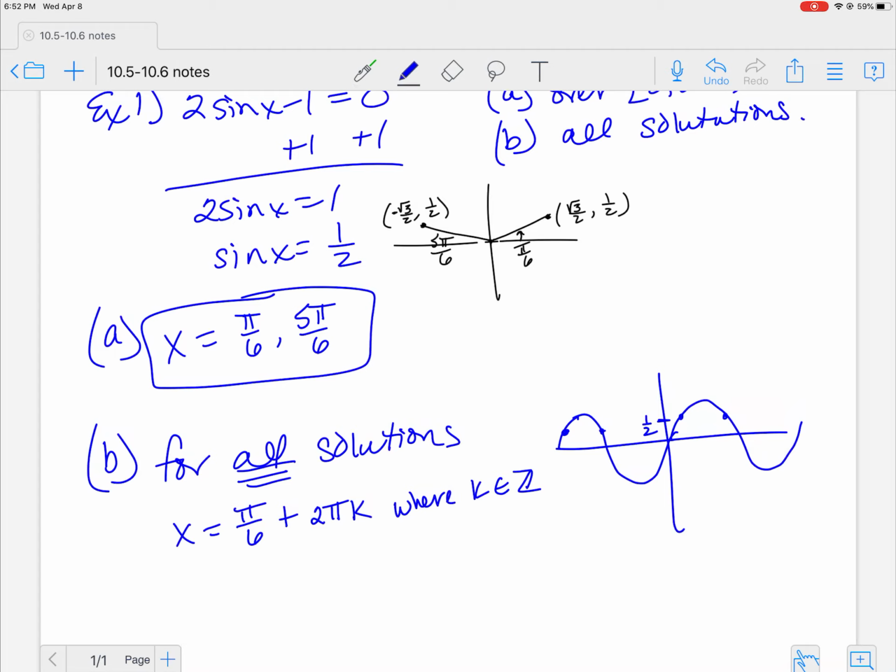I know that that's going to be 2 pi. Every single time I wrap it around my unit circle, I've got another one, and that's what's going to hit here every time, on this upswing, on this upswing, on this upswing.